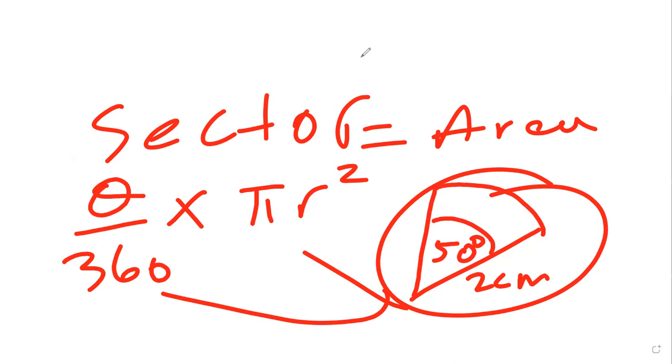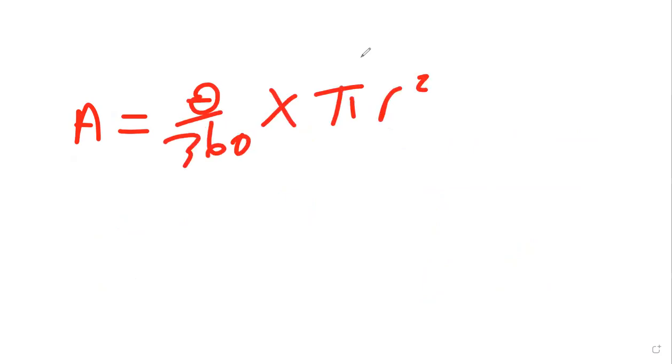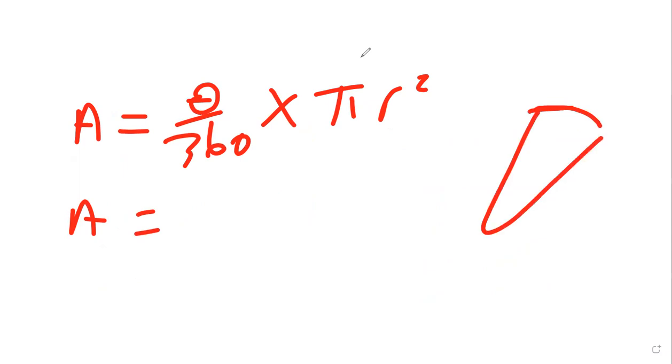So my formula to find the area of a sector is what? It is theta divided by 360 times the area of the circle. Let's go back here. I had 50 degrees and I have 2 centimeters.